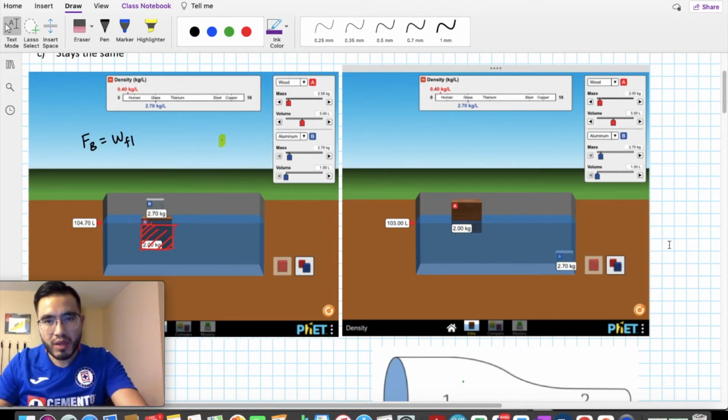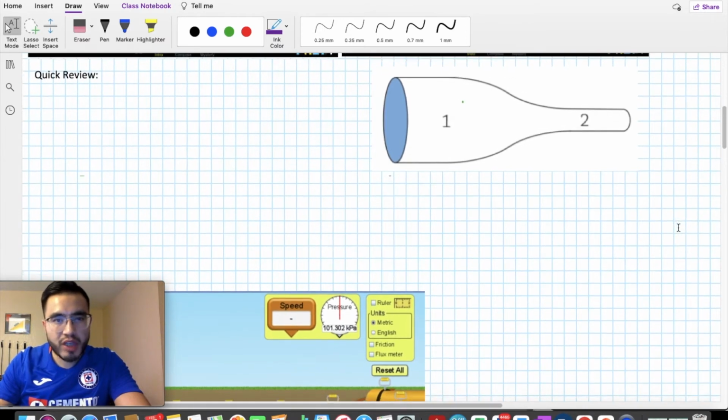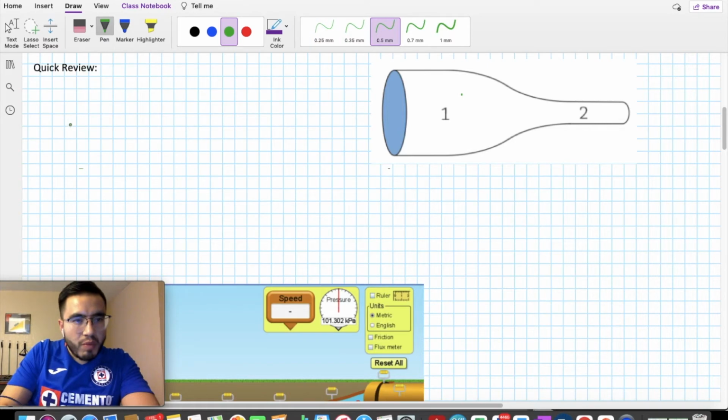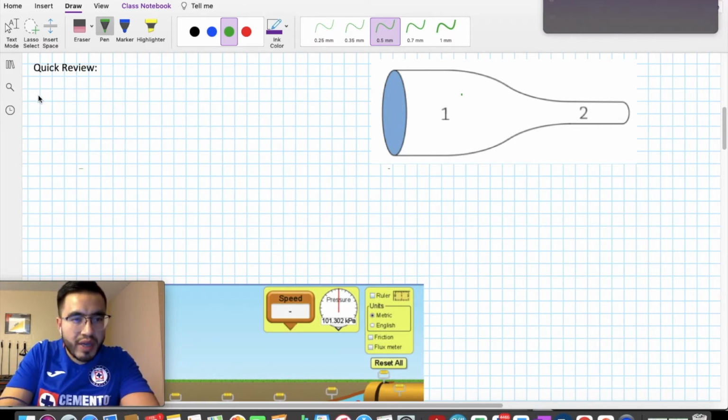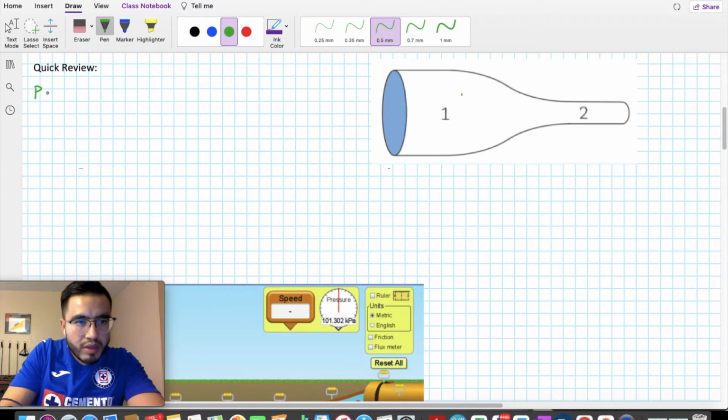Okay, all right. Now let's review real quick some of the things we have learned thus far. We had a situation with a container, and we could find its pressure by multiplying rho g h.